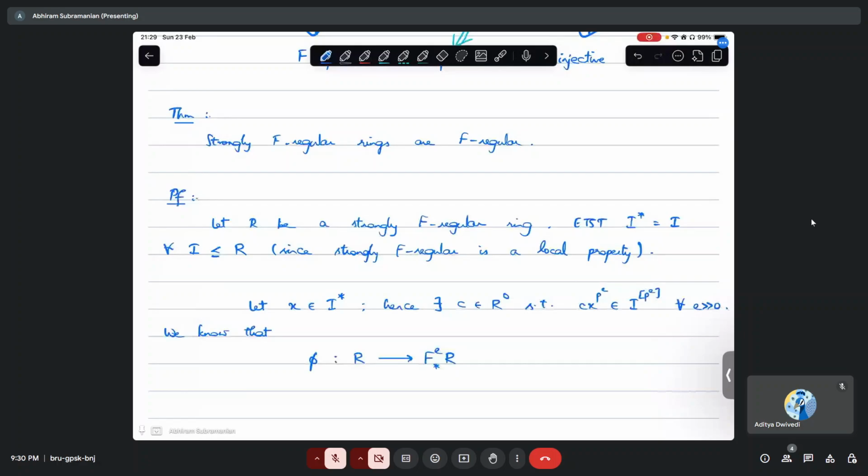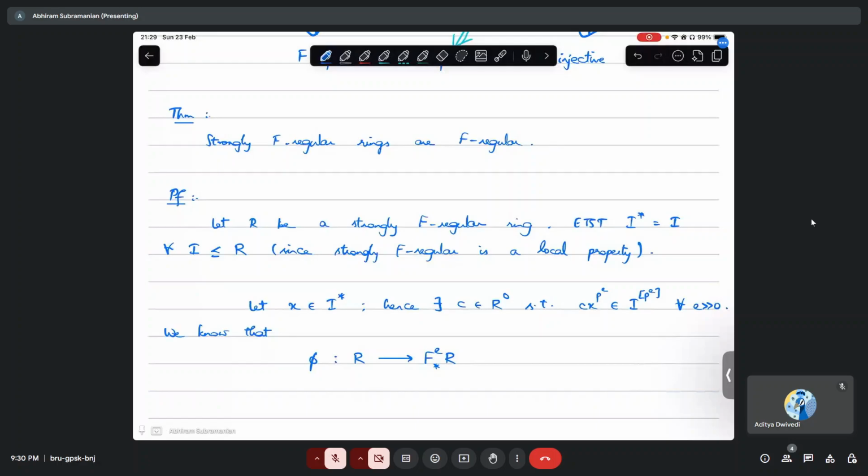Well, note that the crucial part is that if you take the element x, where does it go? Let me call it phi e because this depends on e.